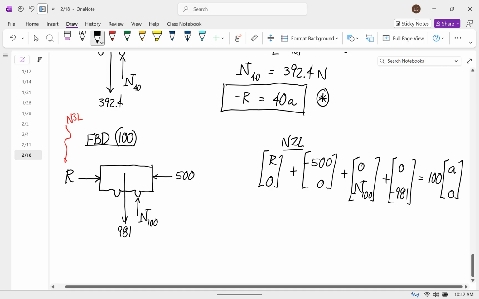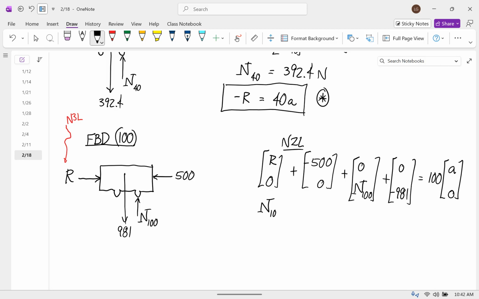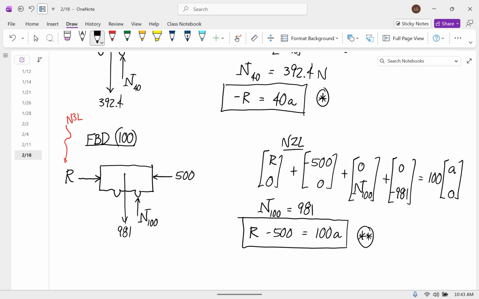And so the first thing we see is that N100 is equal to 981. Again, that isn't going to help us get any of the questions that I asked you, but you can see that right away. And then from the x equation, you see R minus 500 is equal to 100A. And I'll call this equation 2 star.